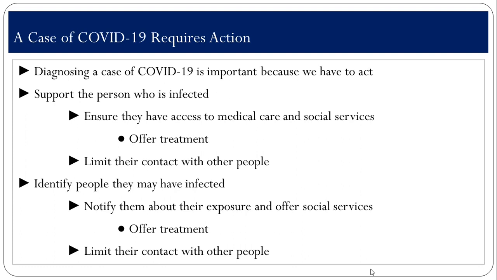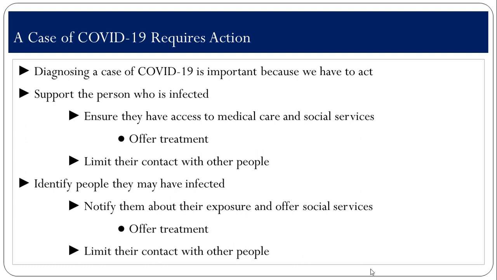Next, we also have to identify all the people that they may have infected. We have to notify them about their exposure and offer them some social services that they may need. If they develop signs and symptoms, we also need to make sure they have access to medical care and offer them treatment.